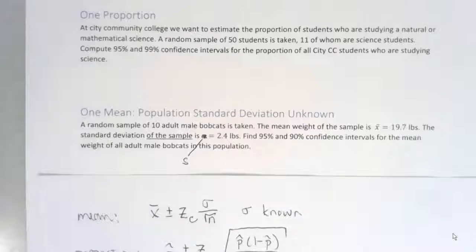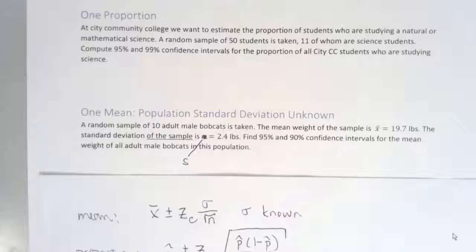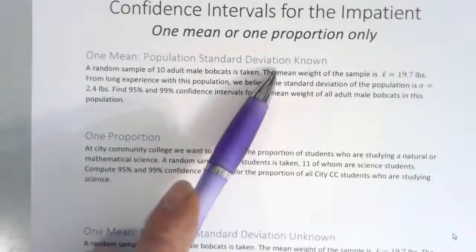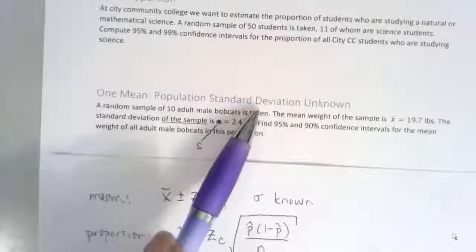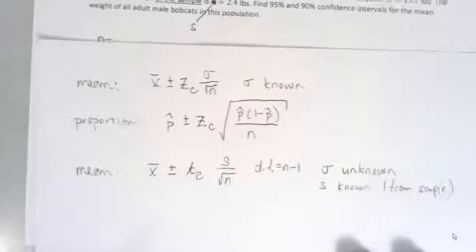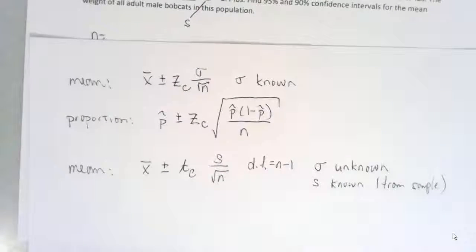These problems together show all of the standard ways of finding a confidence interval for either a mean or a proportion, and if you're working with a mean, for the case where the standard deviation of the population is known and the case where the standard deviation of the population is unknown. There are three and only three cases.